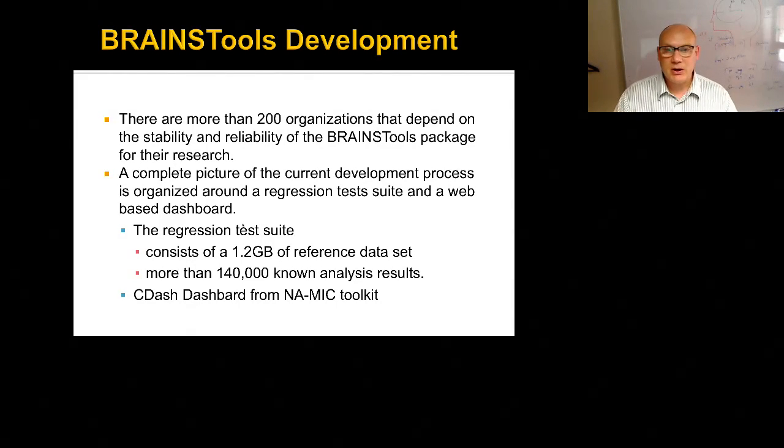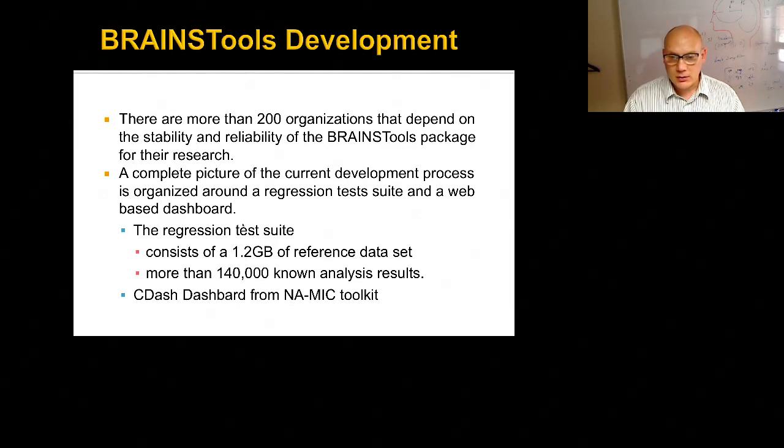So our development process is organized around a very large regression test suite and a web-based dashboard. Our regression test suite has about 1.2 gigabytes of just reference data that we run every night, and more than 140,000 known analysis results. So every time a change occurs in the code, we run it through the test suite and make sure that the known analysis results are stable.